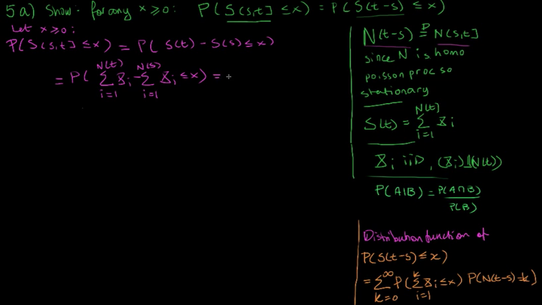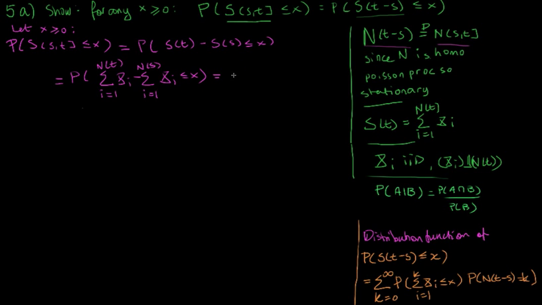And if we look at this, then N of s is definitely smaller than or equal to N of t, because N is a non-decreasing process, or almost surely non-decreasing.